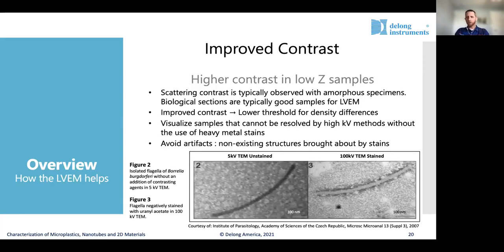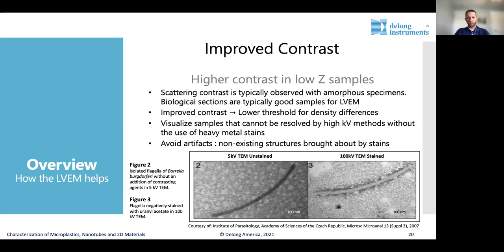So this slide shows some example images of an unstained low voltage electron microscope image versus a heavy metal stained conventional TEM image, and you can begin to get a sense of the increased contrast that is afforded by what we've been talking about here.